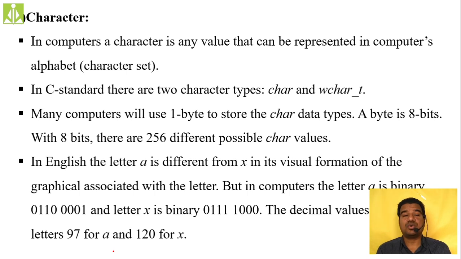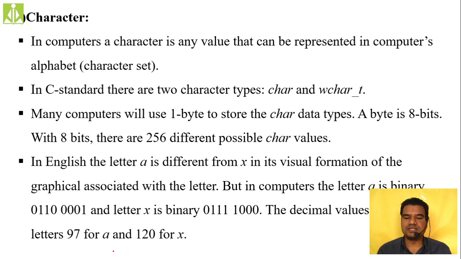Yes. So we discussed C's character set, isn't it? All the characters we discussed in that character set fall under this character type of values. In a computer, a character is nothing but a value which represents the computer's alphabet.